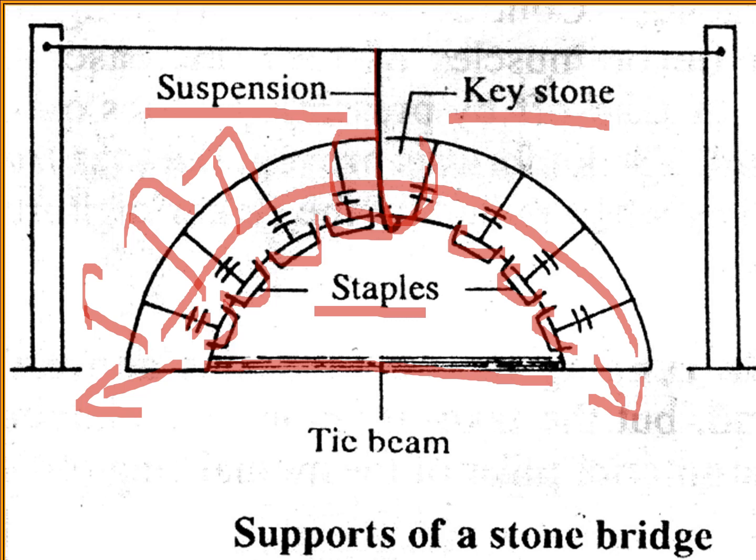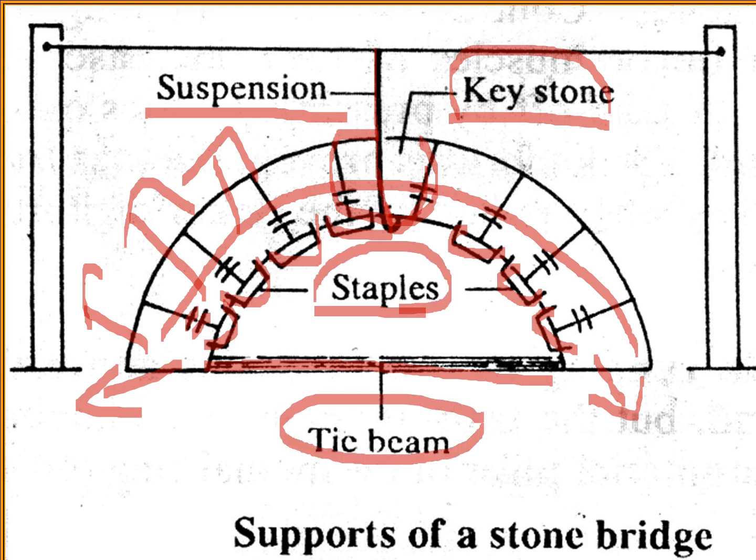We have to tell which is the keystone, which are the staples or intersegmental ties, and the tie beam. You have to differentiate: intersegmental ties are the small bridges bridging the stones, but the tie beam is tying both ends together. Again, suspension and sustentacular. So this is how we are going to see the supports of the arches of the foot.